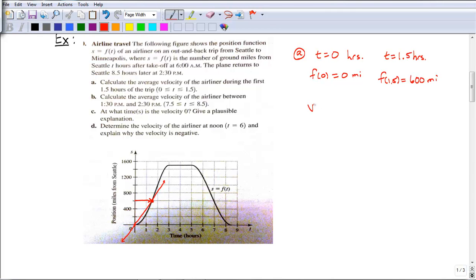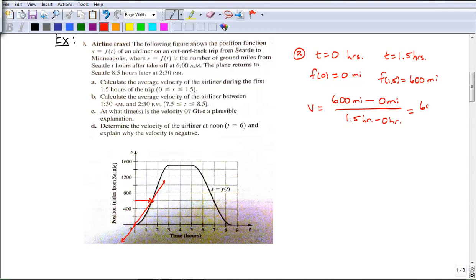So the average velocity is the end position, which is 600 miles, minus the start position, which is 0 miles from Seattle, over the end time minus the start time, and these are hours. We don't usually write the units in. I am here just so you can see where the units are coming from.